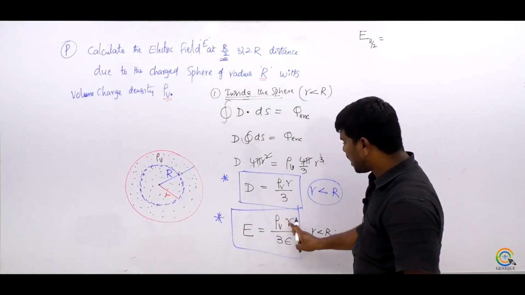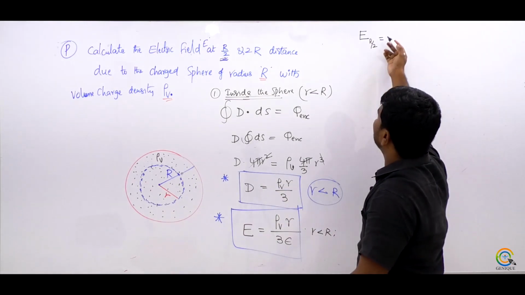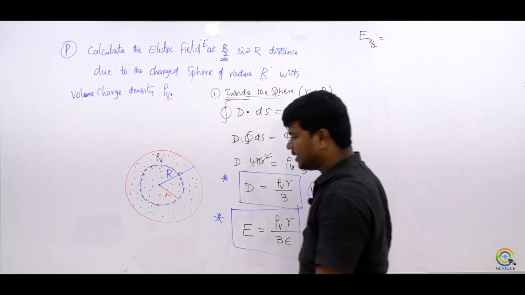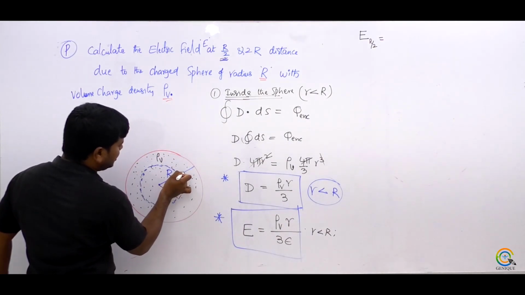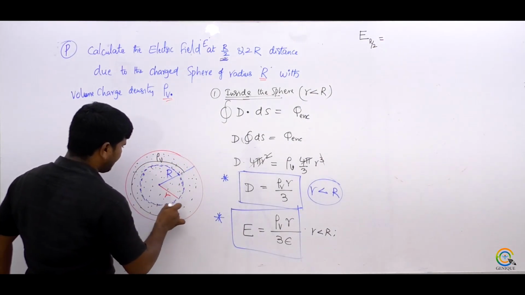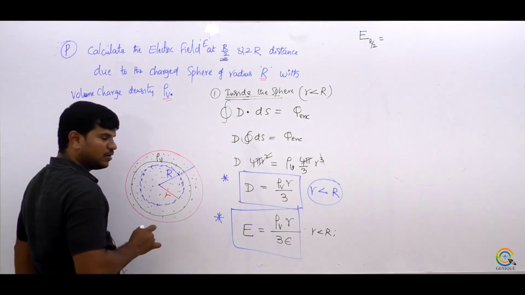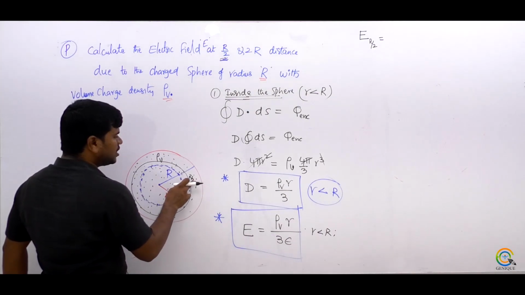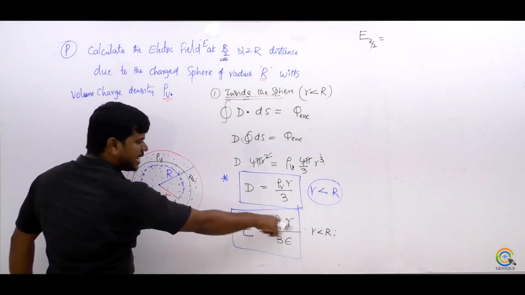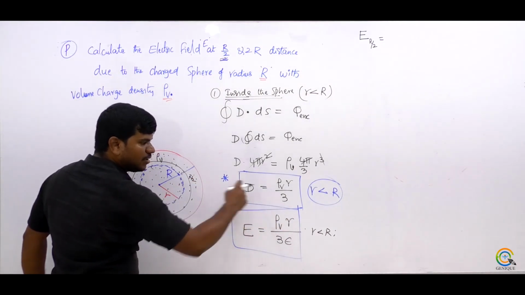Let us suppose this is R and this is R by 2 radius. R by 2 is also inside, so I can apply this formula.